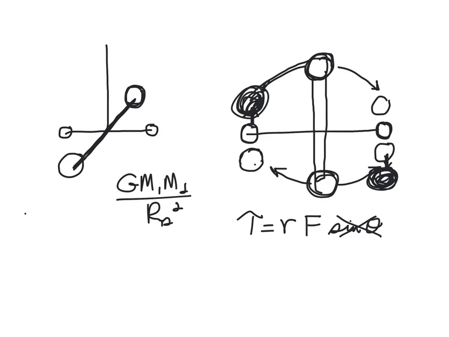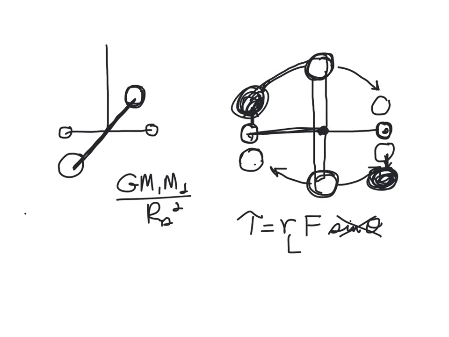And the r, the torquing, that's the distance from the axis to where the force acts. So it's half the distance between the centers of the two balls. I think they give you the distance of the centers of the two balls. You've got to divide that by 2, and you multiply it by the force.